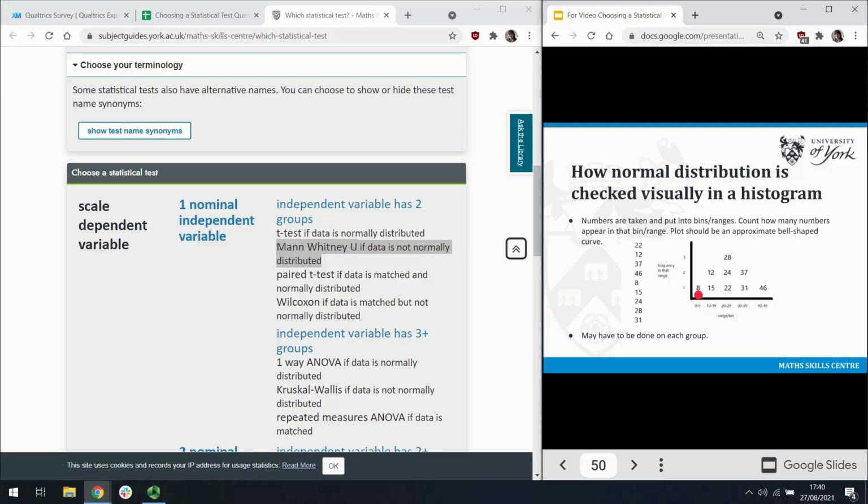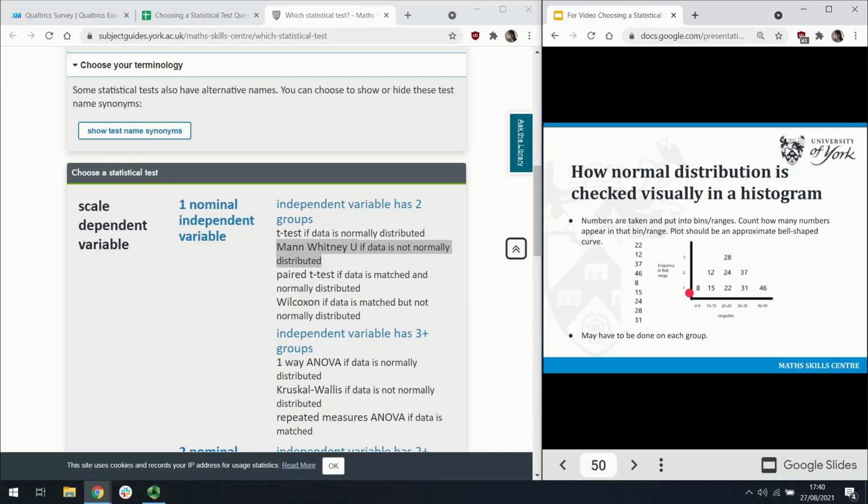And then what you see is how common each of these ranges are, right? So we can see that in the middle here, most numbers fall into this middle range.